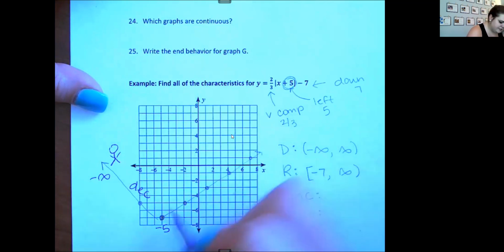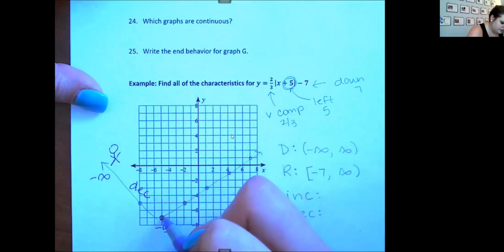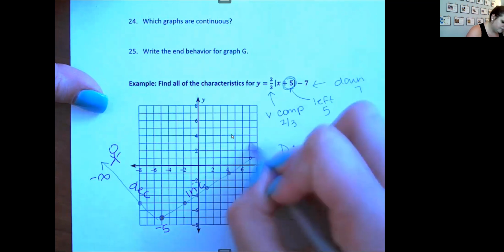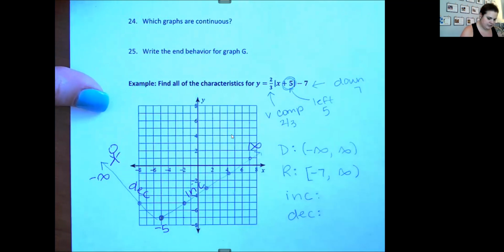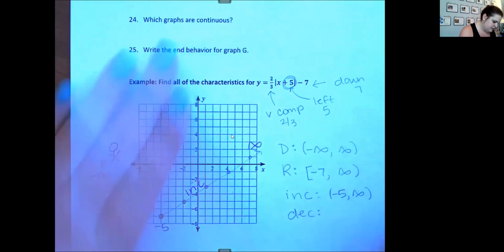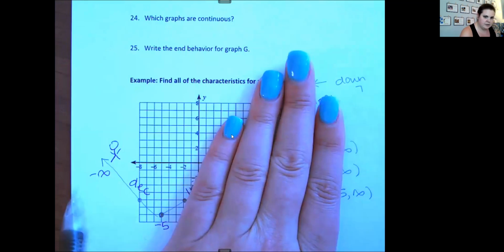And then after he hits that x-coordinate of -5, he switches directions and then is going uphill to the right arrow, which is infinity. So my increasing interval is from -5 to infinity. And my decreasing interval is from -infinity to -5.